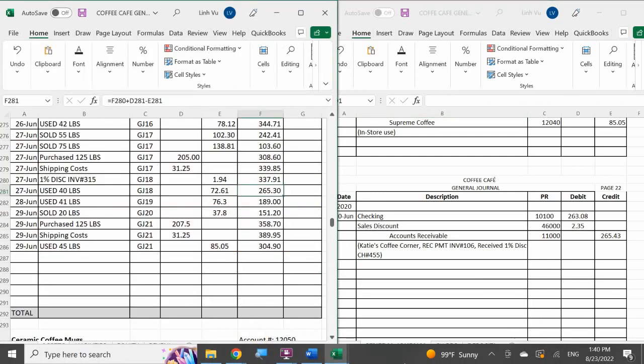So now I need to plug in my numbers, right? That I received a check and that I had sales discount and accounts receivable.